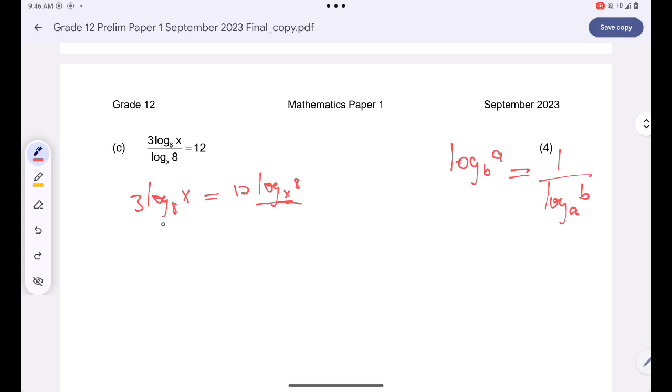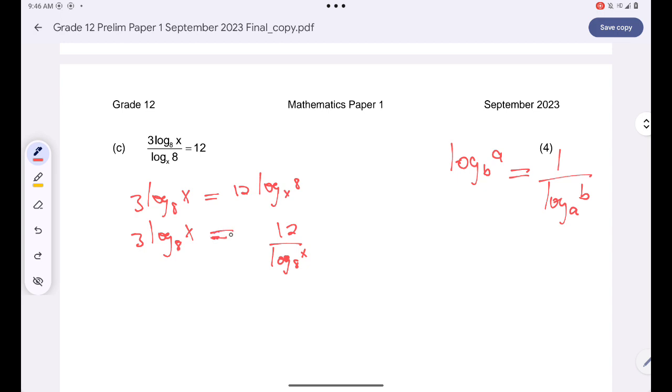For this to look like this, guys, I must just interchange the x and the 8. And then I'll end up having 3 log x base 8 is equal to 12 multiplied by 1 over the log of x base 8. This thing can just be written as 12 over.